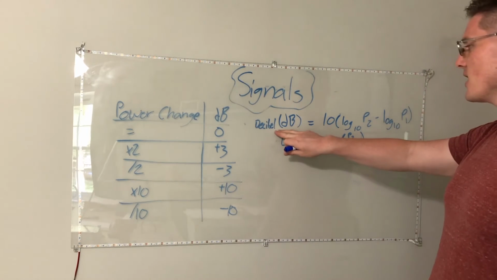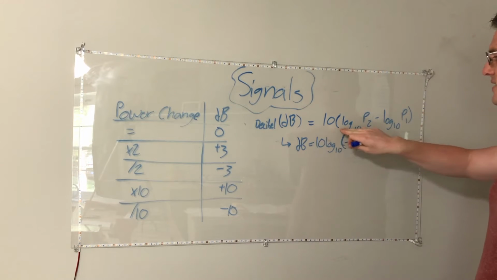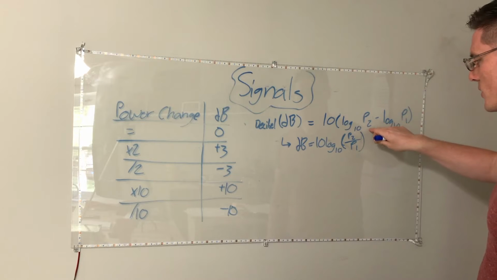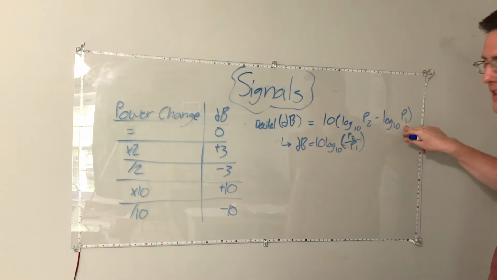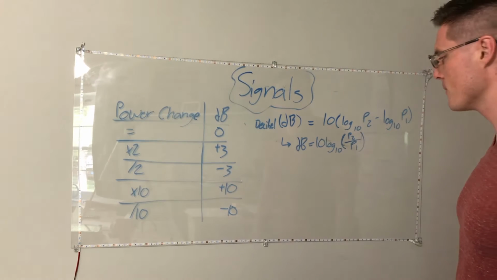So in this scenario, we're working with decibels or dB, and it's saying 10 times the log base 10 of your target or your source that you're looking at, subtracted by log base 10 of the reference antenna, is going to be equal to your decibel amount.